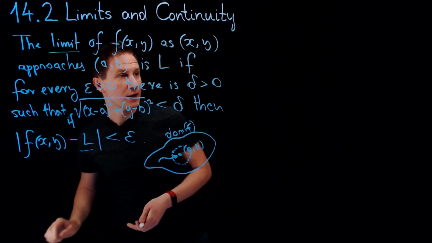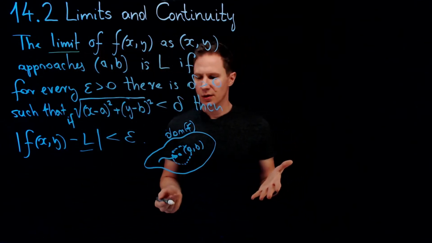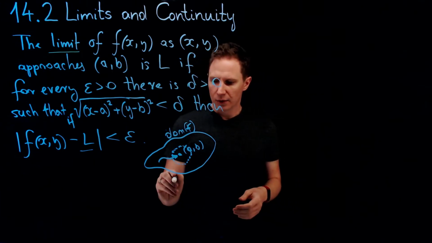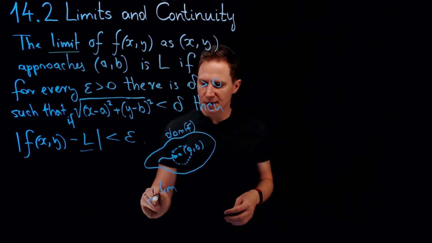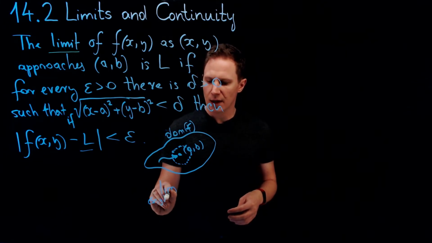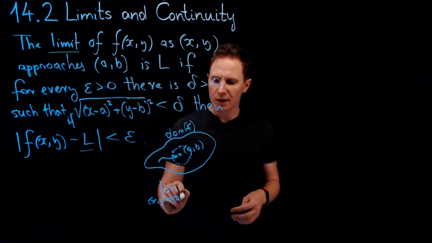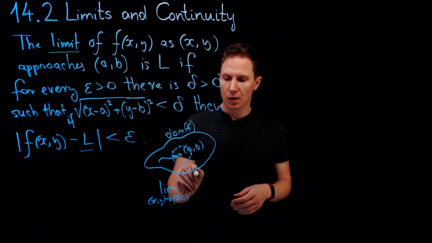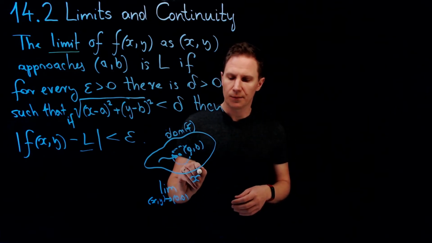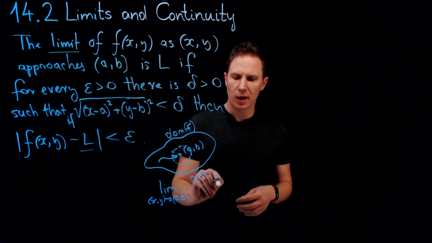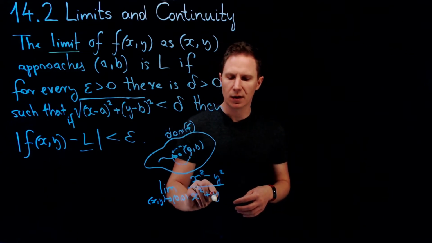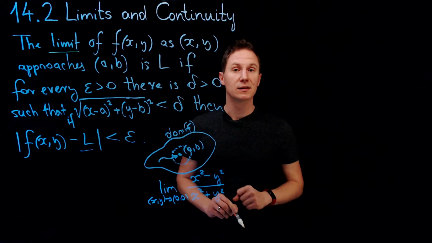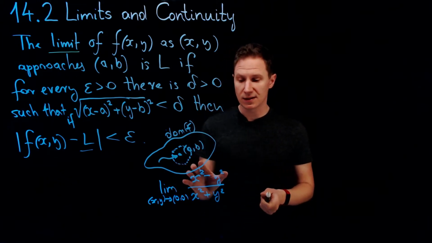Okay, so that's the notion of a limit of a function of two variables. Let me now give you an example. My question to you is to consider whether the following limit exists. We take the (x, y) points and approach the origin for this function, x squared minus y squared divided by x squared plus y squared. Your task is to decide whether this limit exists.